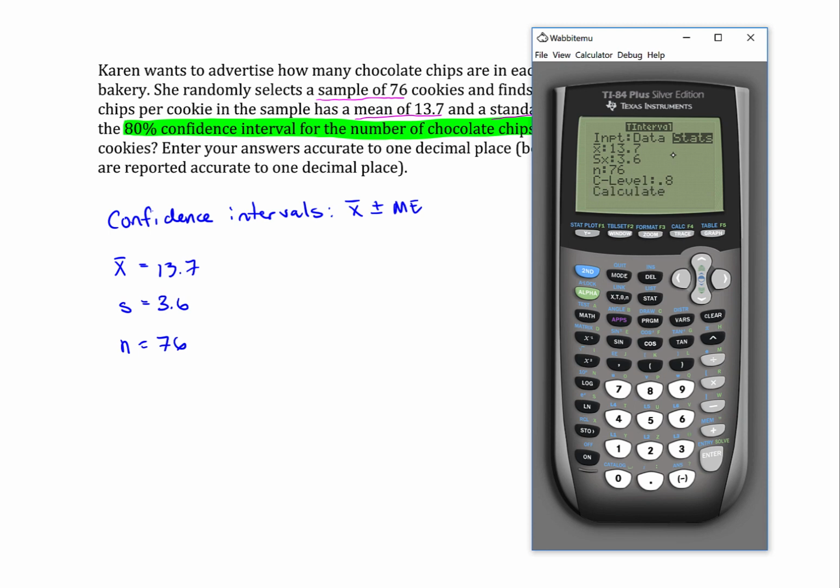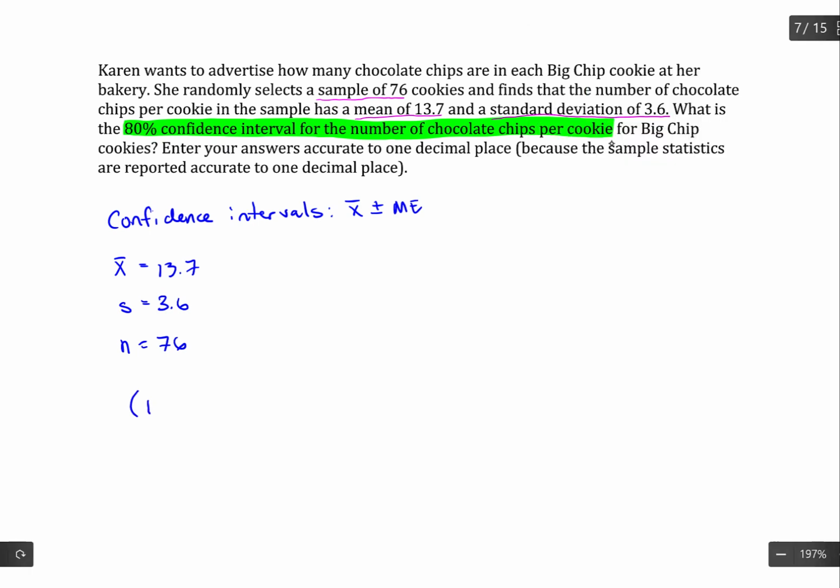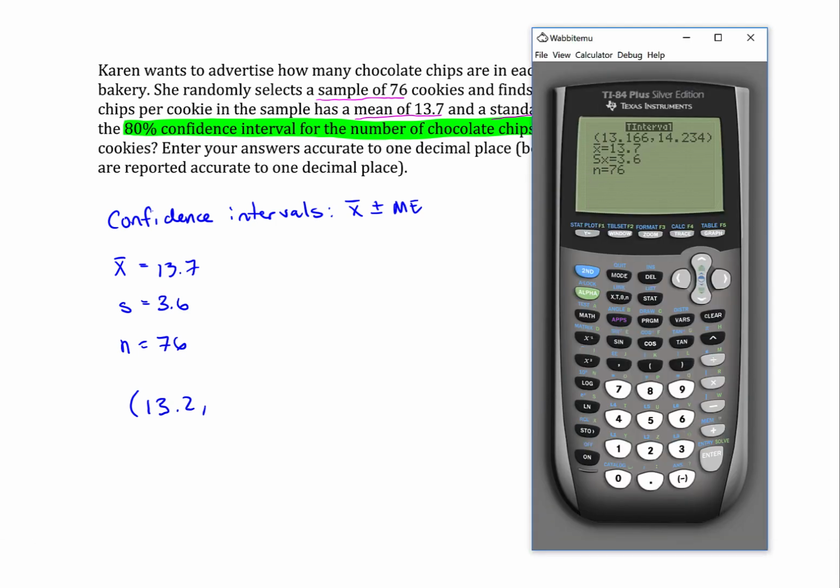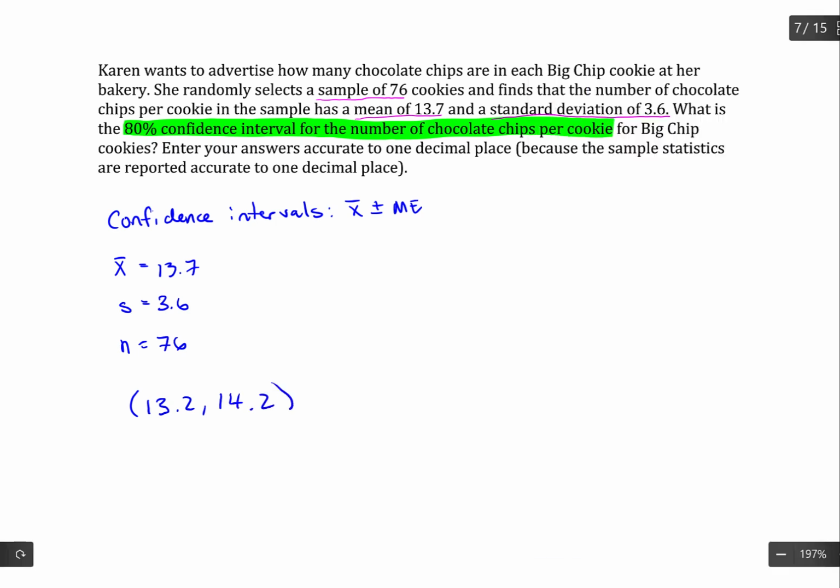So we're safe to use the t distribution. And if we hit calculate, we come up with the endpoints of our confidence interval. So 13.2 and 14.2. And that's all you would need to do if you were using the calculator.